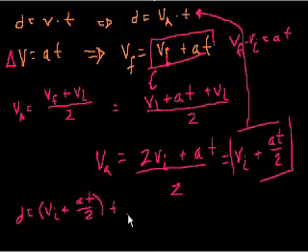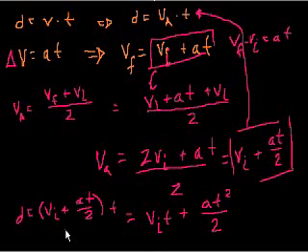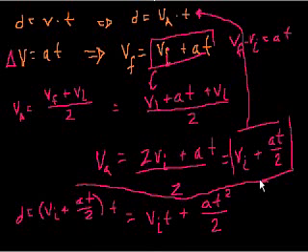And if we just distribute that t, we have the initial velocity times time plus acceleration times time squared over 2. So distance is equal to the initial velocity, let me draw a line here, not to confuse things, times time plus acceleration times time squared divided by 2.